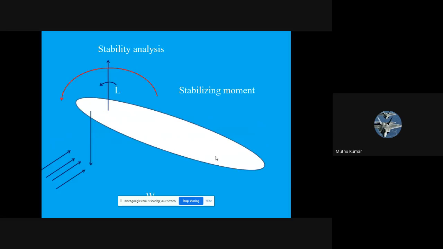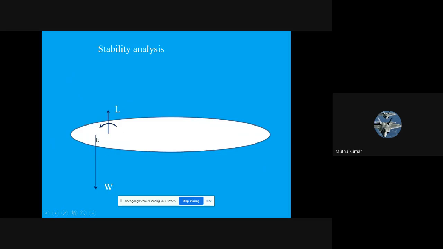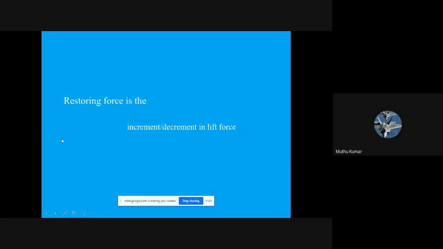Who brings this wing back to its original position? Its own lift vector characteristics. But how have I designed it? I very sensibly placed it in front of the weight vector. That is my intelligence. So what happens? Through its own characteristics, it comes back down. That's all, without any intervention. So the increment or decrement in lift force.